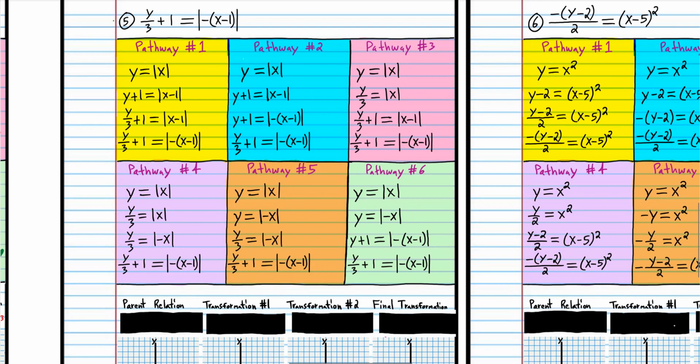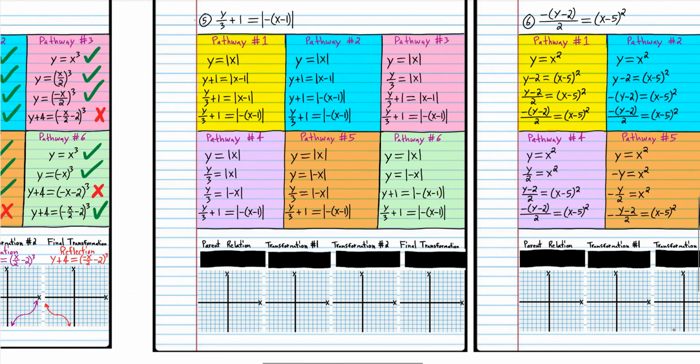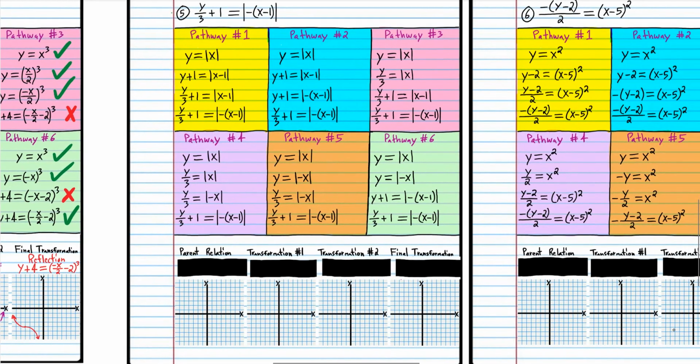So go ahead and go through all these pathways and choose the best pathway that makes things simplest. And once you choose your pathway, then you can use the transformation method to graph the equation. And when you come back, we'll do it together.